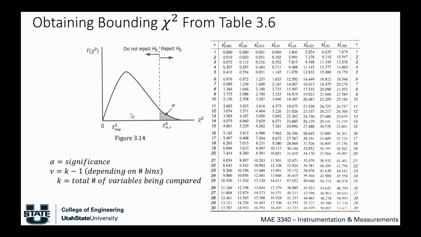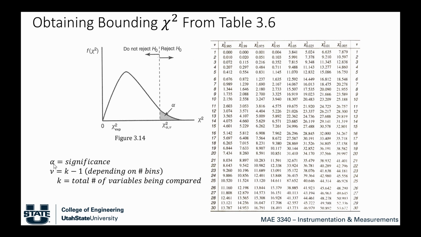Anytime our experimental value falls on this side of it, we're not going to reject the null hypothesis. And if our experimental data ends up over here, then we will reject the null hypothesis. We'll run through an example in just a second to clarify that.